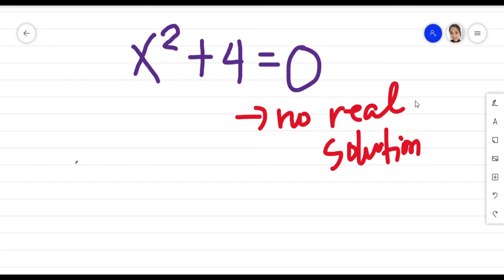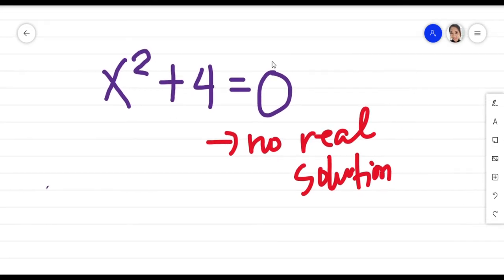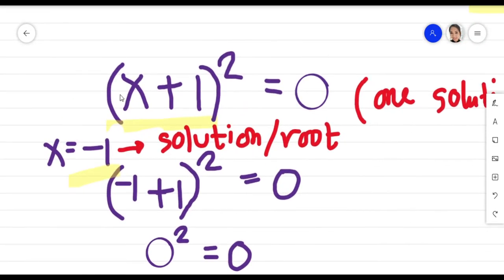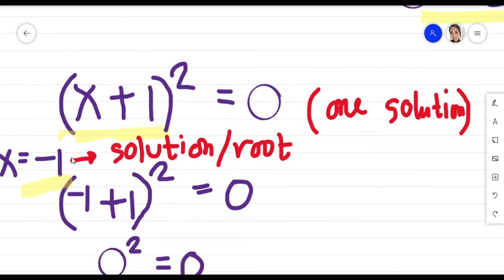Okay, let's go back. This equation here, x squared plus 4 equals 0, is a quadratic equation, but it has no real solution. This quadratic equation here, (x plus 1) raised to a power of 2 equals 0, has one solution, which is -1.